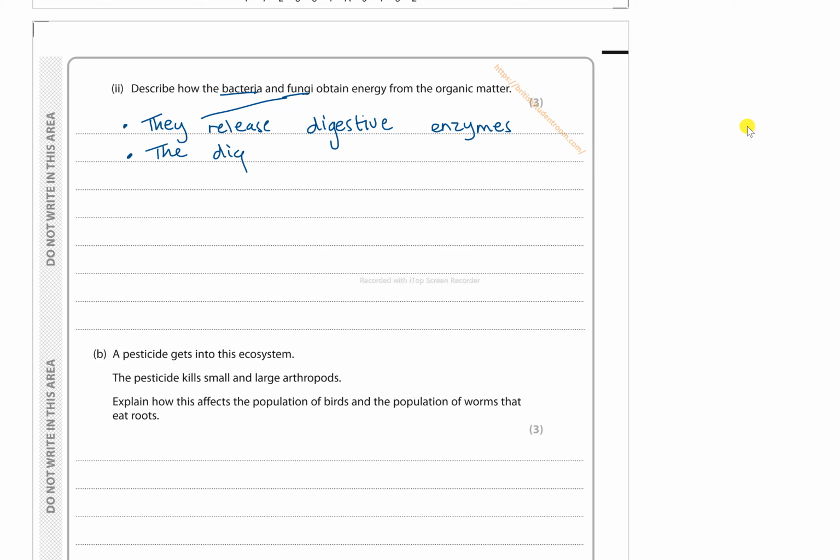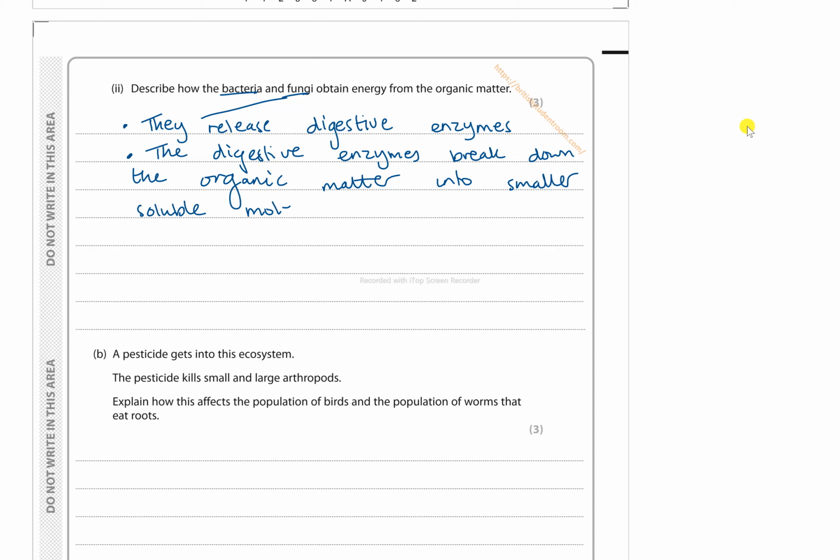The digestive enzymes break down the organic matter into smaller soluble molecules such as glucose.